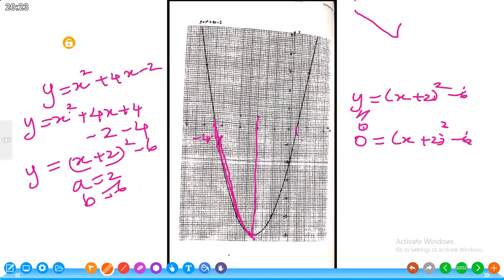So on the x-axis, the graph is cut at 2 points, here -4.4 and here 0.5. The positive root is 0.5, so you substitute this x.